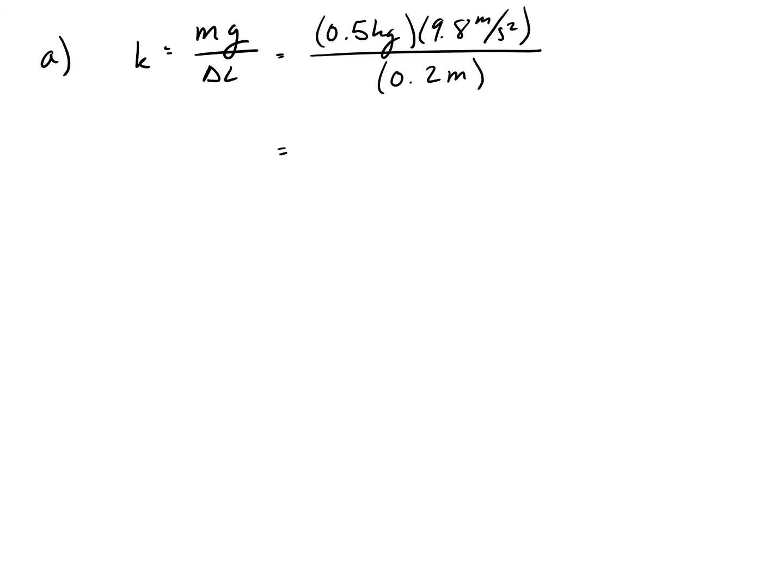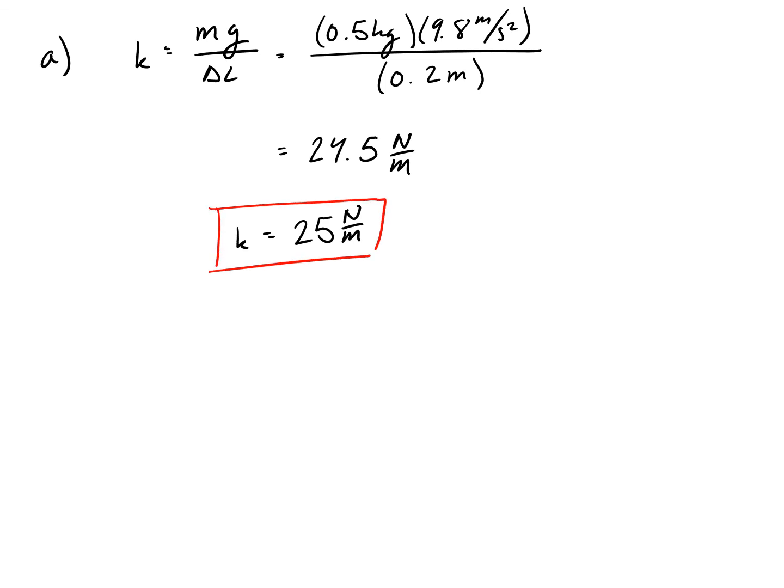So taking that and plugging it in, when I did this, I ended up getting 24.5 newtons per meter, or because I was given 2 sig figs in this question, 25 newtons per meter. So we're just using the definition of our change in equilibrium to solve for this spring stiffness constant.